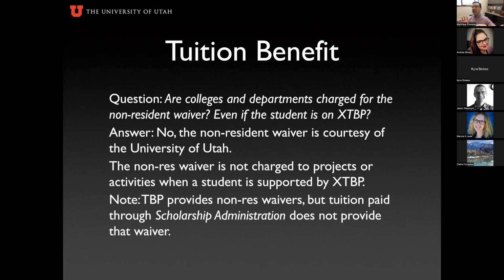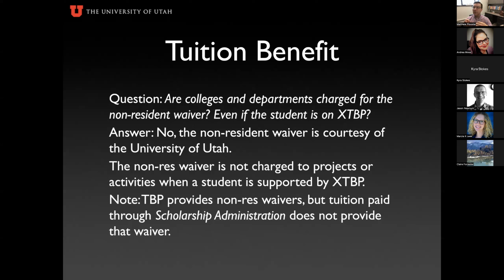An important note and distinction I do have to make here is, especially when students get to the end of their degree, they may run out of traditional tuition benefit, and the department's thinking, well, I don't want to do extended tuition benefit. My student will have to enroll in 9 credits when I could just pay their tuition through scholarship admin for 3 or 6.